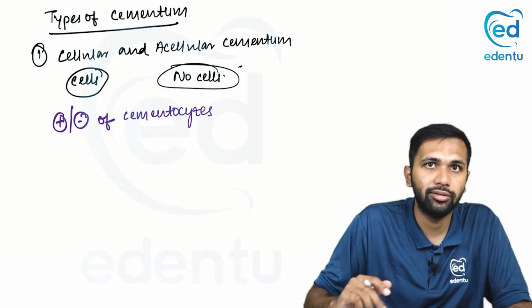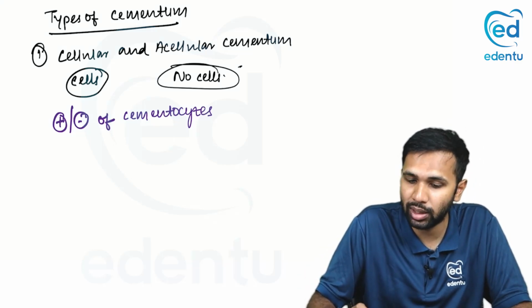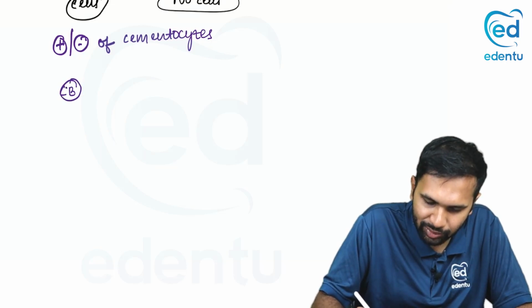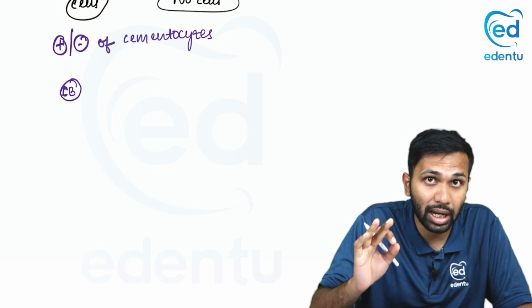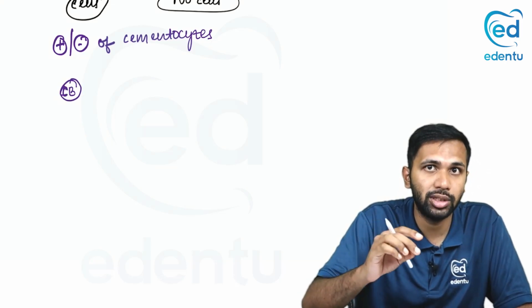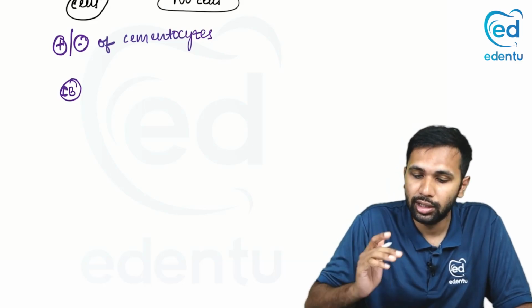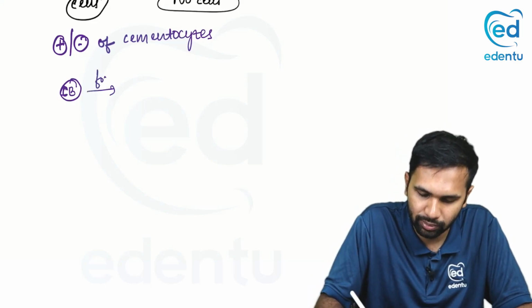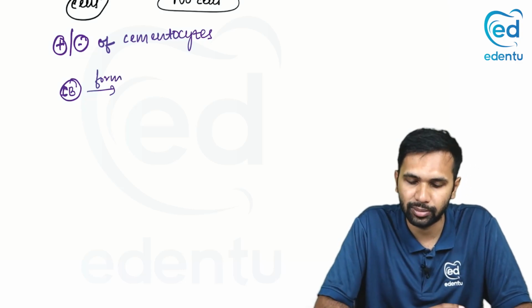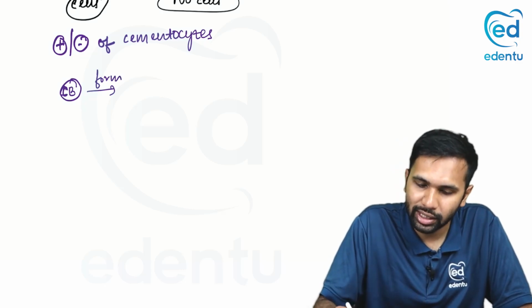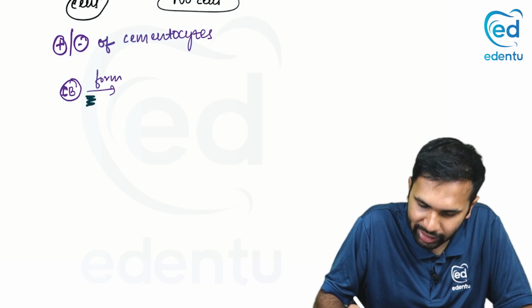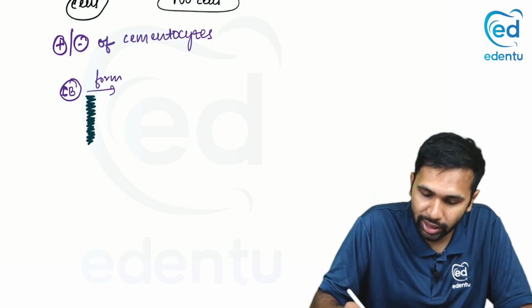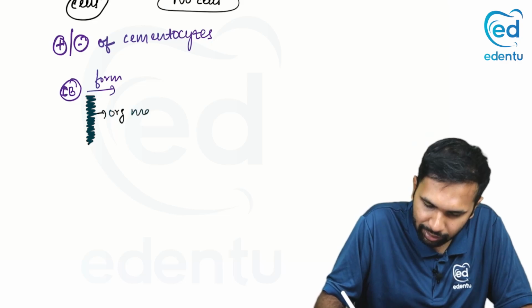Now, what is the difference between cellular and acellular? Let's say I have a cementoblast. The cells which form the cementum are cementoblasts, and the cells which resorb cementum are cementoclasts. Now I am talking about the cementoblast, which comes to form the cementum. What this cell does is lay down a cemental organic matrix.